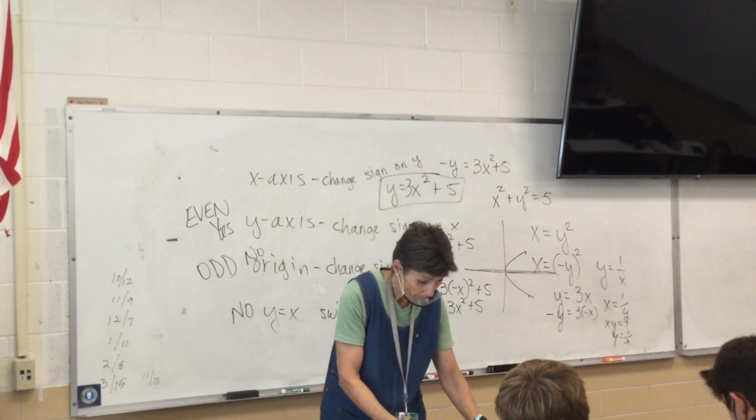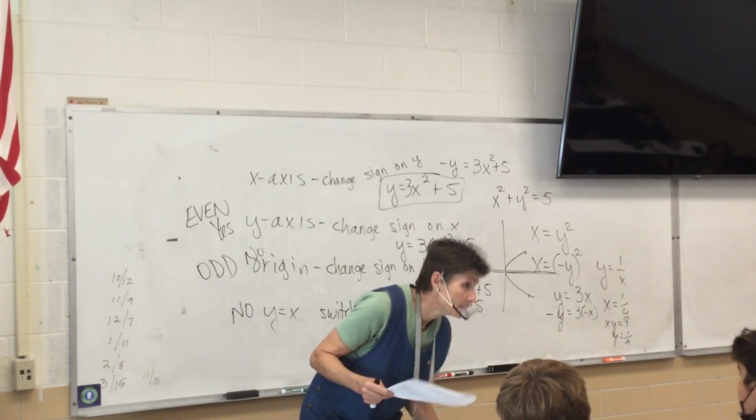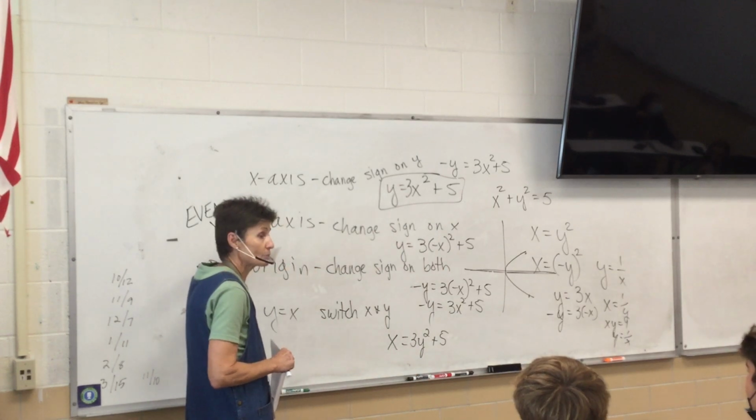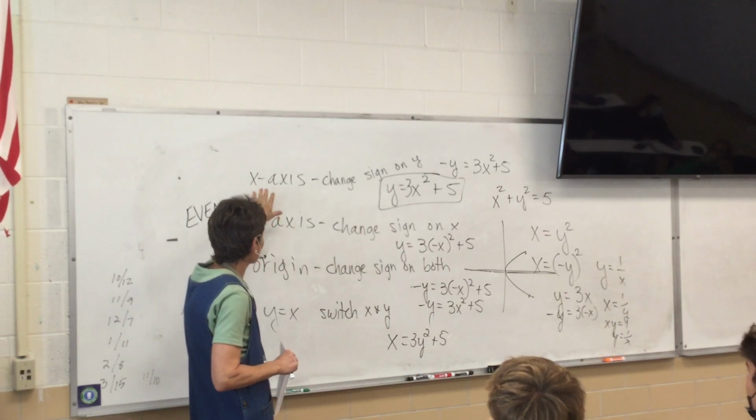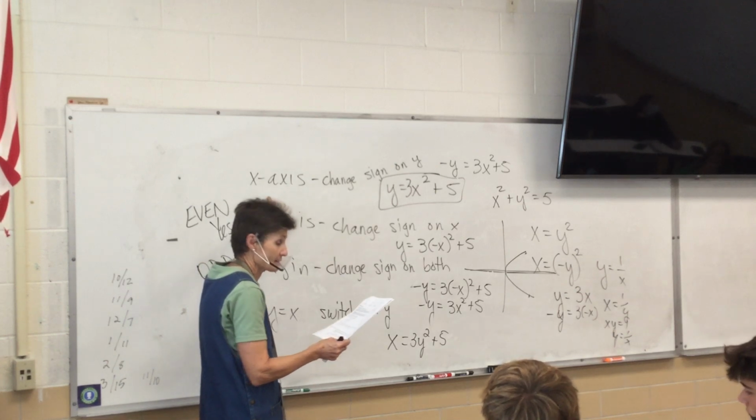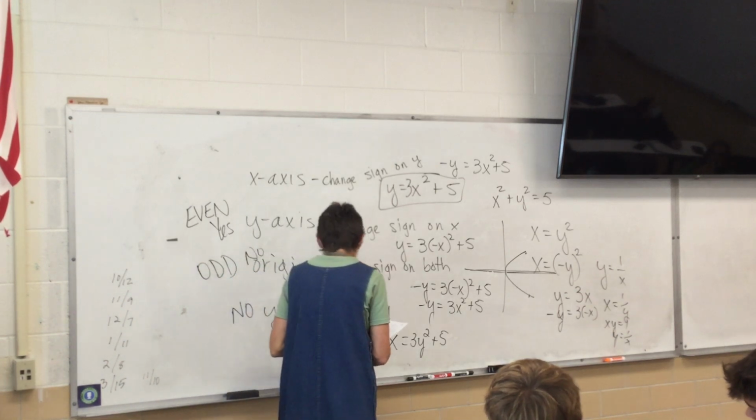What do you do for the x-axis then? There's only even and odd. So if I want to know about symmetry of the x-axis, I'll have to say, does it have symmetry about the x-axis?